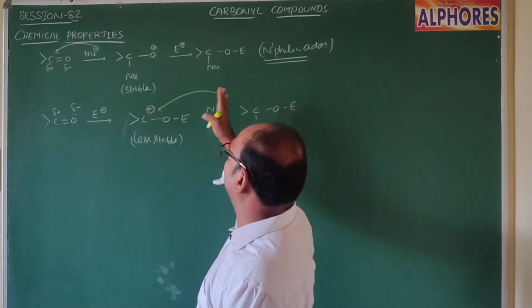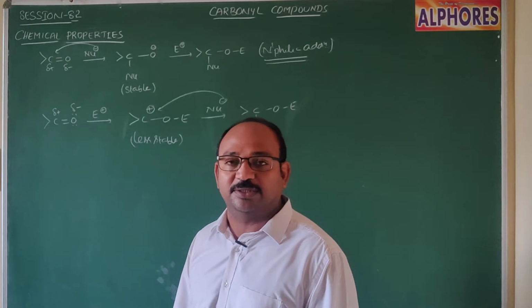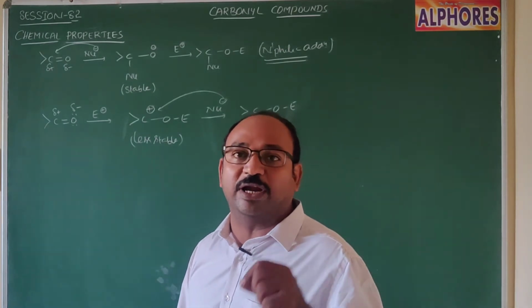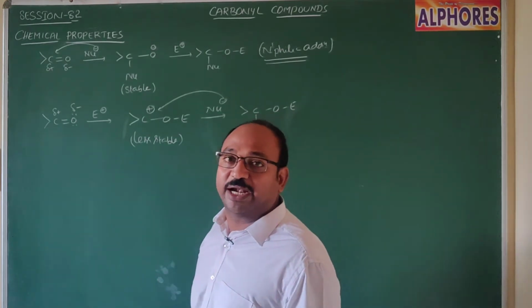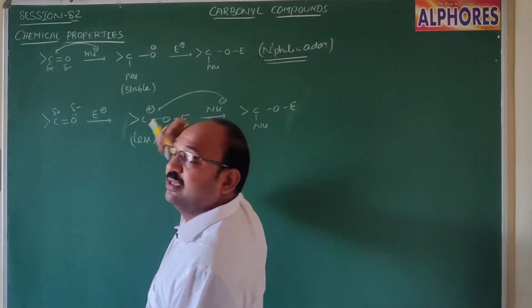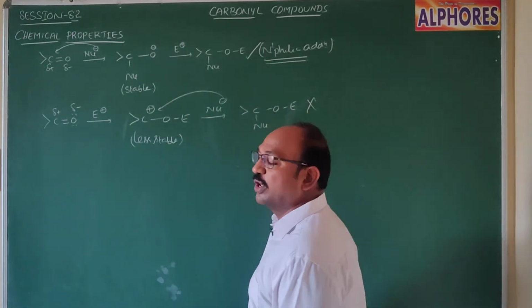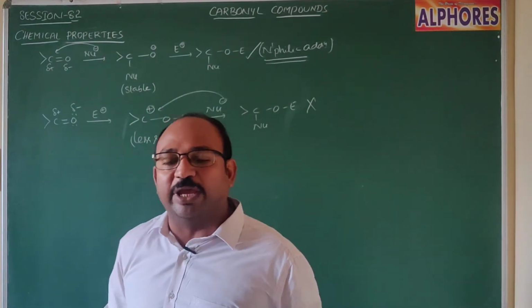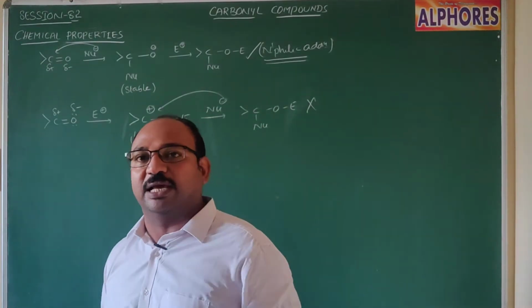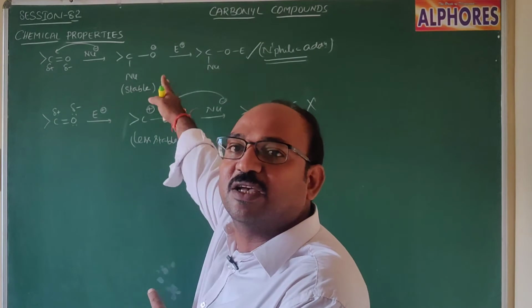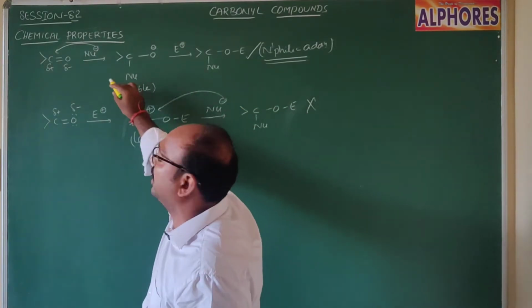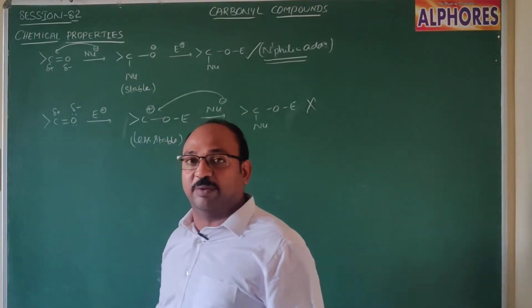Don't forget that. That's why the first path is correct and the second path is wrong. We accepted the first path is correct because in the first path we get a stable intermediate.